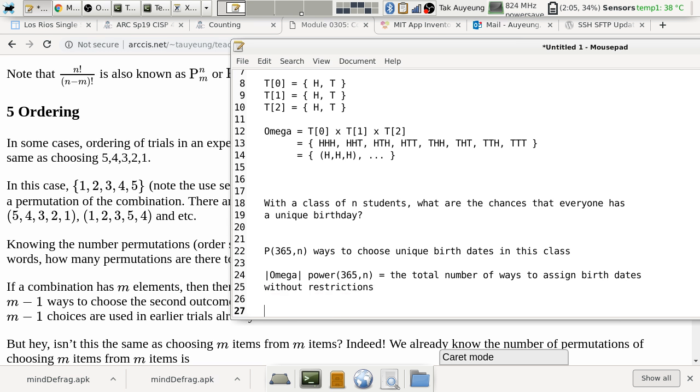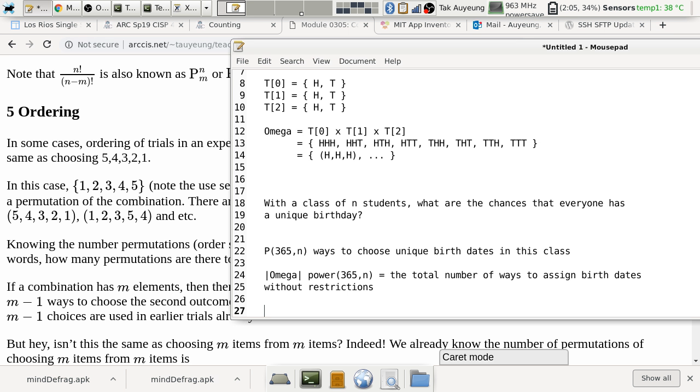Alright, so what do you think is the probability? This is the number of ways to get what we are interested in. This is the total number of ways without restriction. What do you think is going to be the chance? One over the other one.